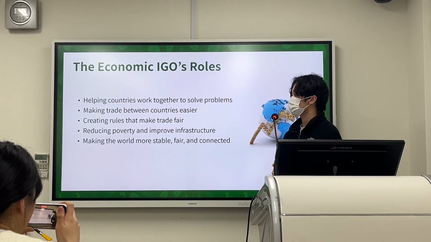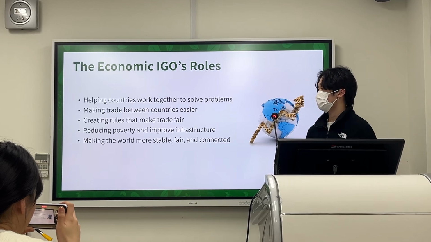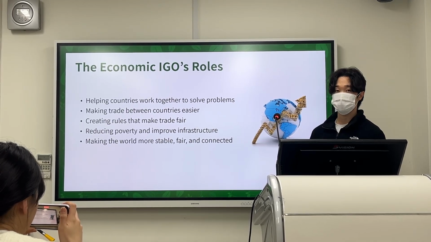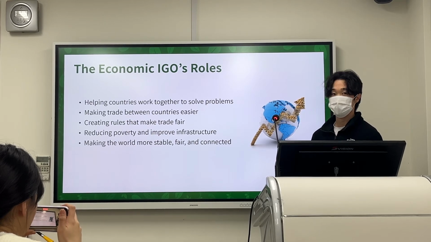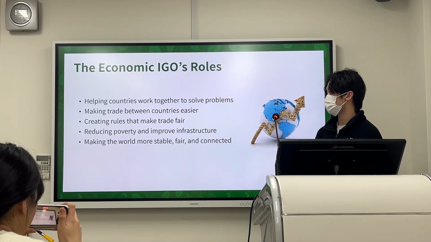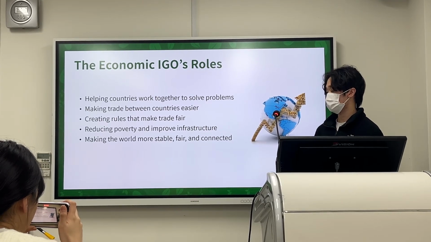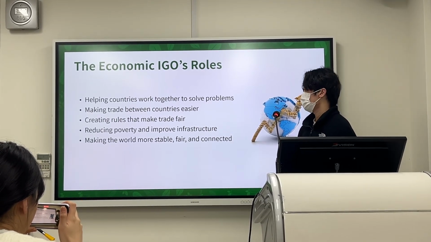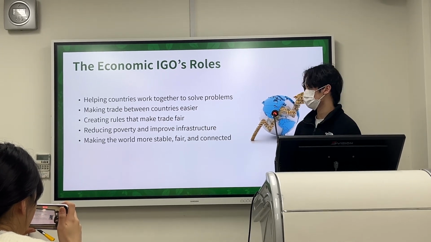And also, they reduce poverty and improve infrastructure. For example, IGO give a lot of money to poor countries, and poor countries can build schools, hospitals, and roads by this money. And by this process, people in that country can live much better life. To organize, IGO make the world more stable, fair, and connected.